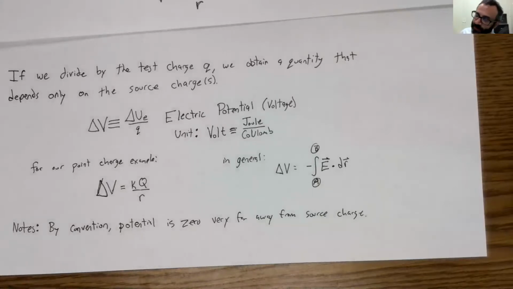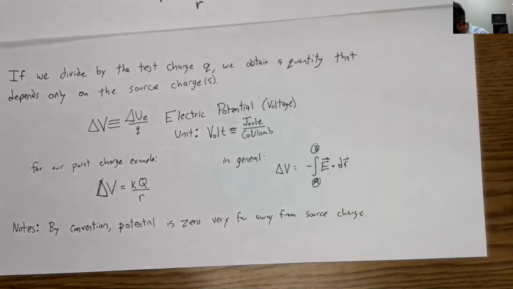0. That's equivalent to saying, when we're talking about gravitational potential energy, mgh, we need to pick a height that's our 0 value for potential energy. Usually we pick the floor or the table if you're doing a lab. Here the convention is the potential is 0 once you get very far from the source charge, so at infinity.